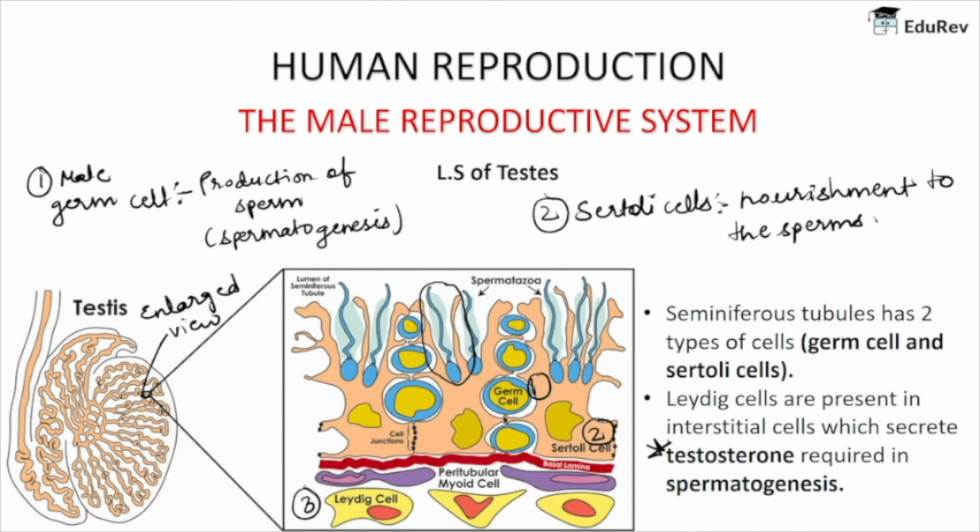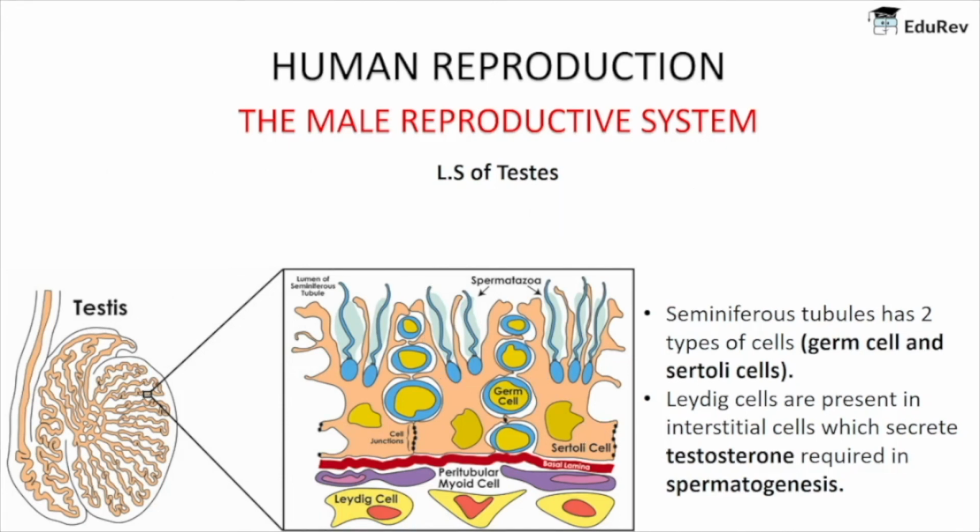After the testosterone is released from the Leydig cells present in the interstitial spaces, it helps in the process of spermatogenesis for the male germ cells. And after the sperms or spermatozoa are produced, Sertoli cells present in the seminiferous tubules provide nourishment to the sperms.